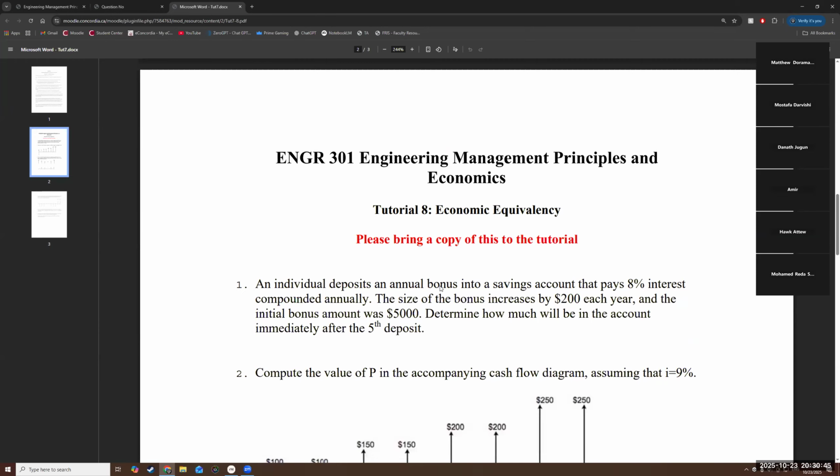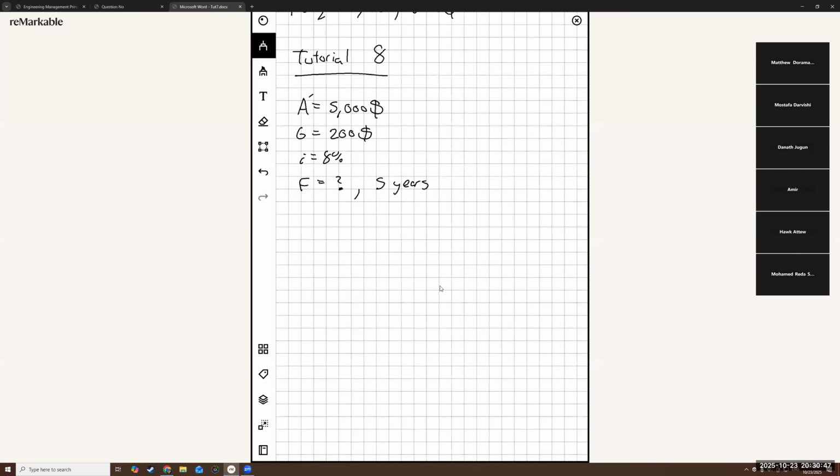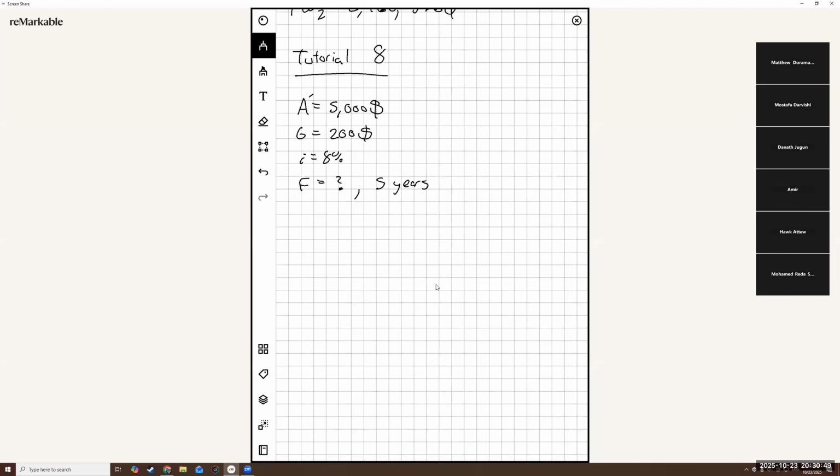Okay, so this is what we have, right? Let's solve this the exact same way we've been solving it with the equivalent annuity, which is going to be 5,000 plus the gradient 200, which will be adjusted to be an equivalent yearly. 8% for 5 years. I think we can use our table again.